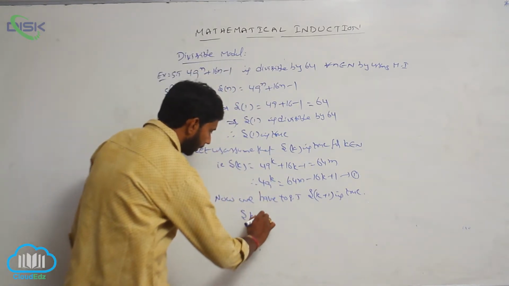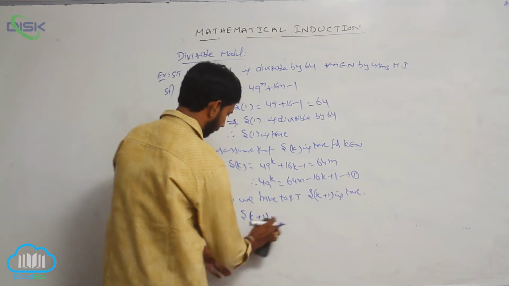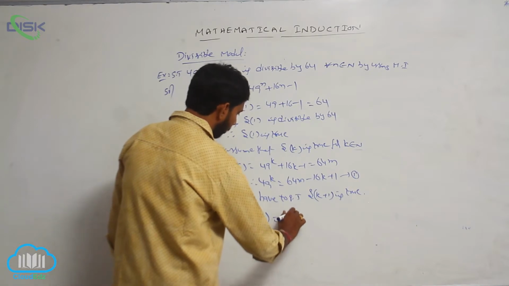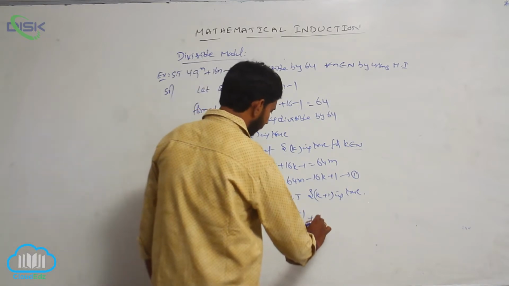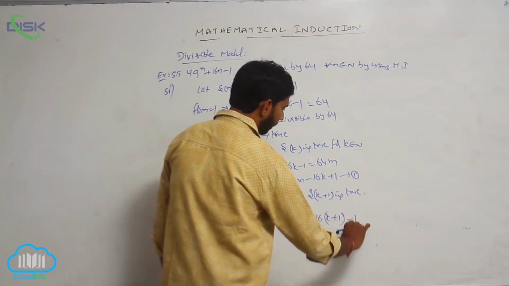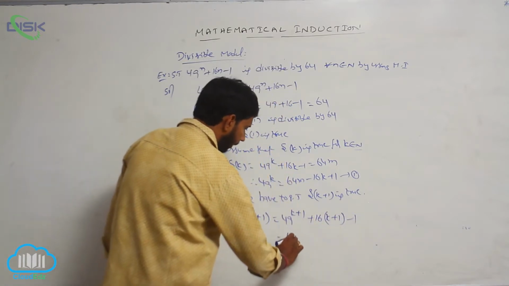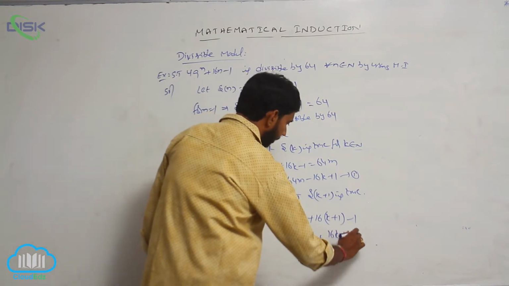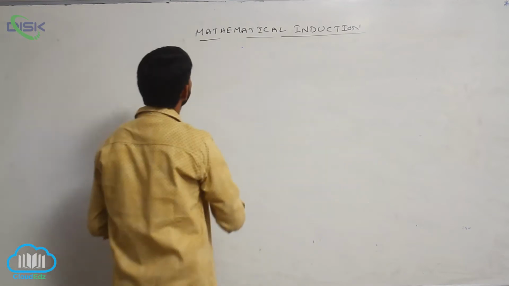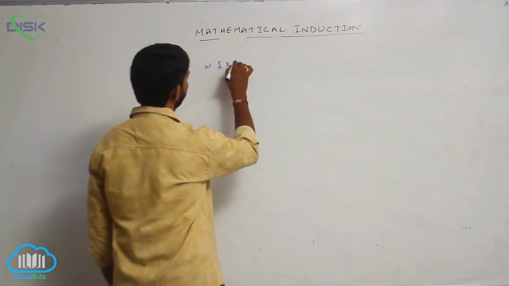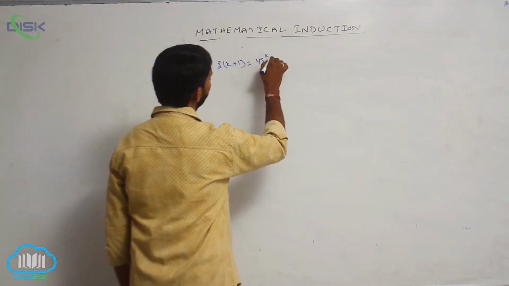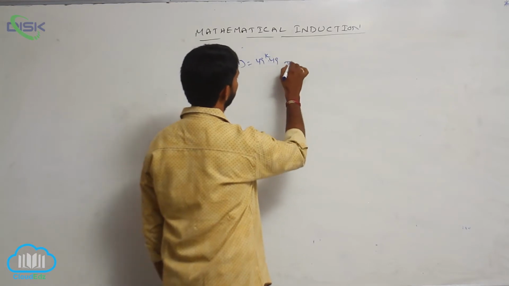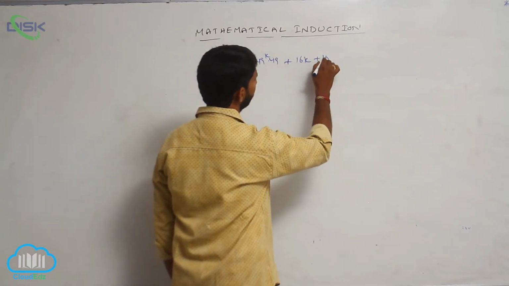That is, S(k+1) = 49^(k+1) + 16(k+1) - 1 = 49^k times 49 + 16k + 16 - 1. Then S(k+1) = 49^k times 49 + 16k + 15.